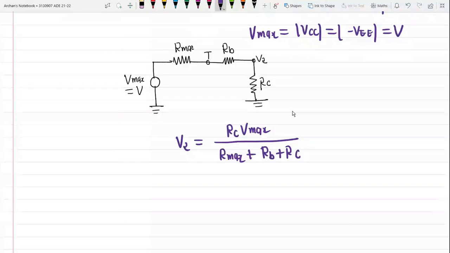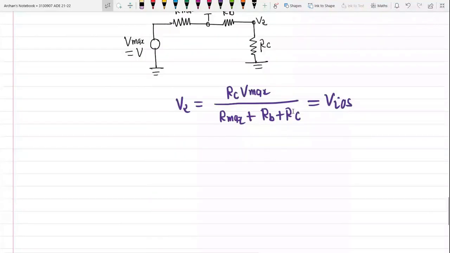This maximum value of V2 will be the maximum value of input offset voltage, so we can write this as VIOS. We have different cases, and in different cases the values of this VIOS will be different. This VIOS now depends on the magnitude of supply voltages.